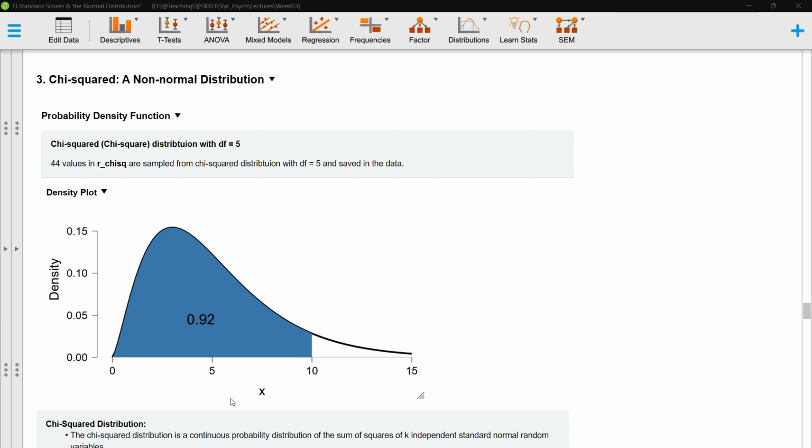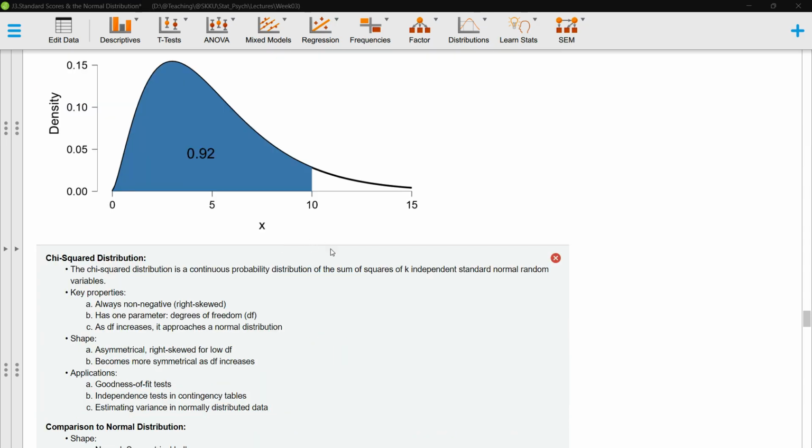Okay, and the characteristics. The chi-squared distribution is a continuous probability distribution, just as the normal distribution, and of the sum of squares of k independent standard normal random variables. And let's skip this part. It's just a mathematical definition of the chi-square distribution. I will explain this in more detail later if we have enough time, when we use this specific distribution.